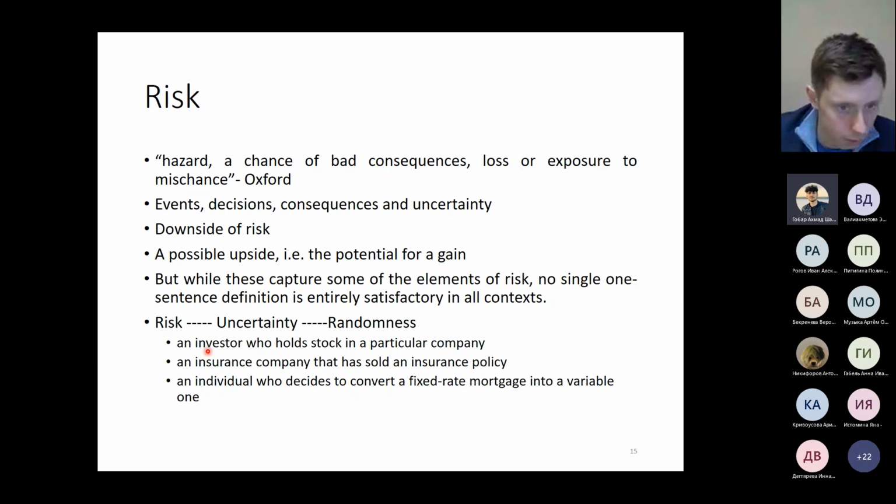Traditionally, and in many cases, for example here in this Oxford definition, we see that people focus only on the downside of risk, the chances that we will have losses or some negative outcomes.